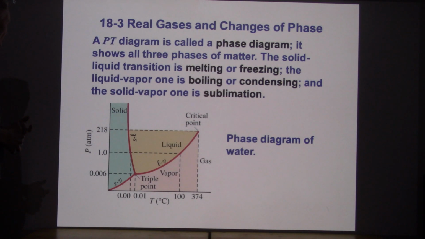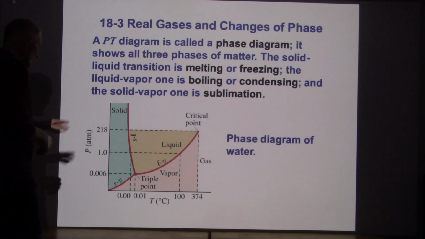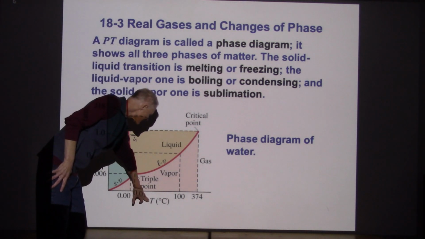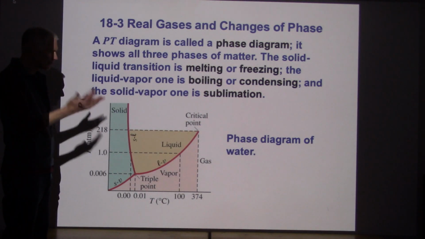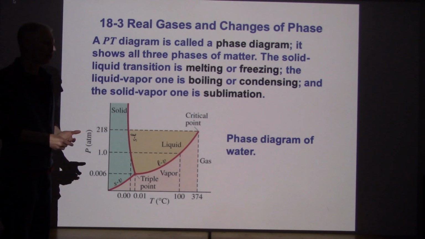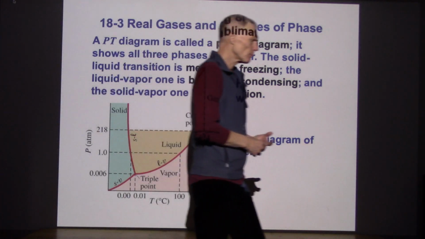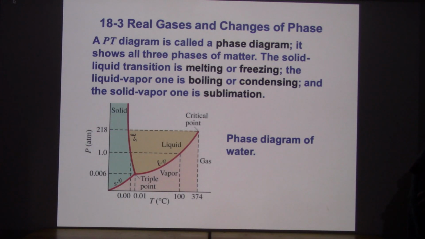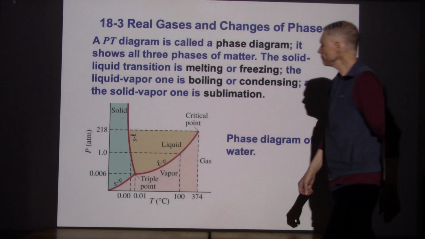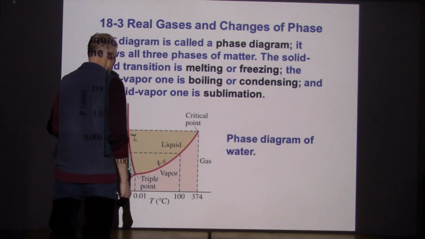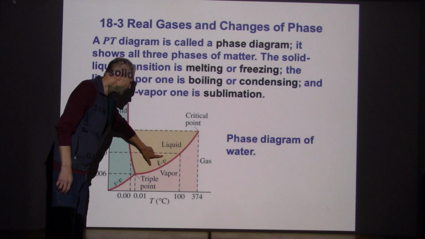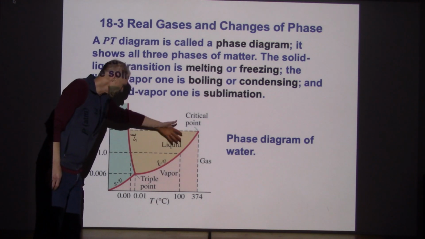And then the lower scale here is in Celsius, which confuses things. Putting it in kelvins would probably make more sense. But this is for water. And so here is the vapor to liquid boundary. So liquid to vapor, that would be when it's boiling.